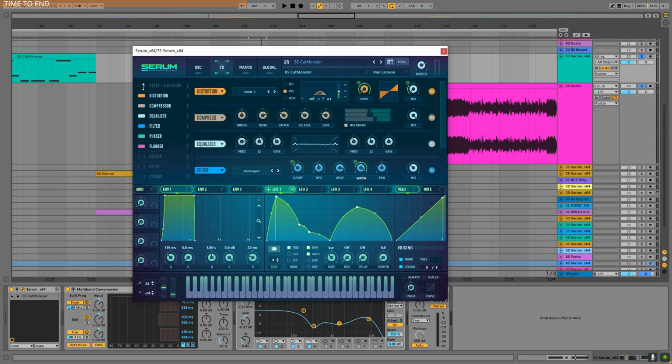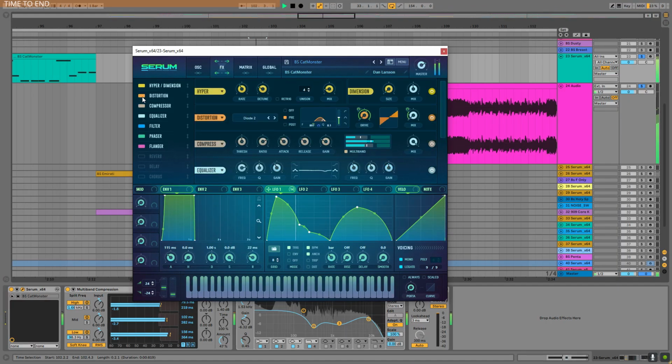Okay, in the FX, we have a hyperdimension. It just adds a very tiny stereo width to it, but the distortion is more important here. Because if I'm using a pre-bandpass filter, and I didn't even crank up the resonance, it creates a very nice, I would say, extra talky kind of effect because of the filter and the distortion on top of that.